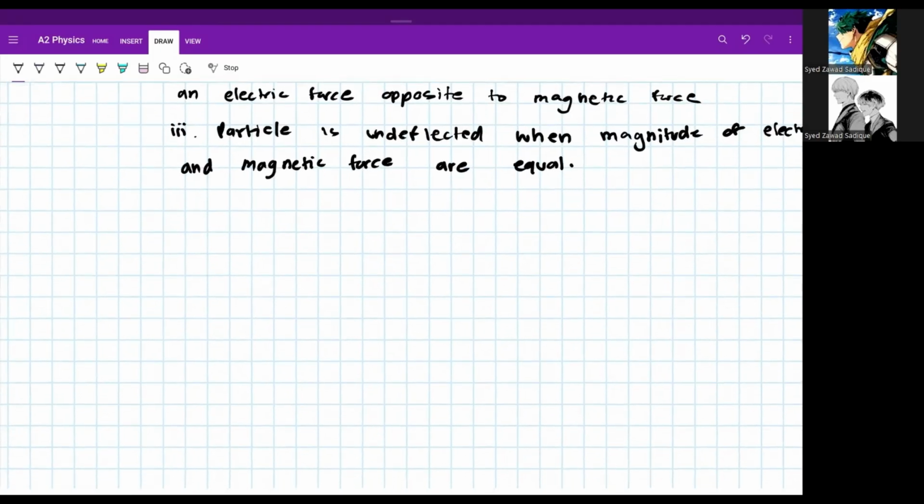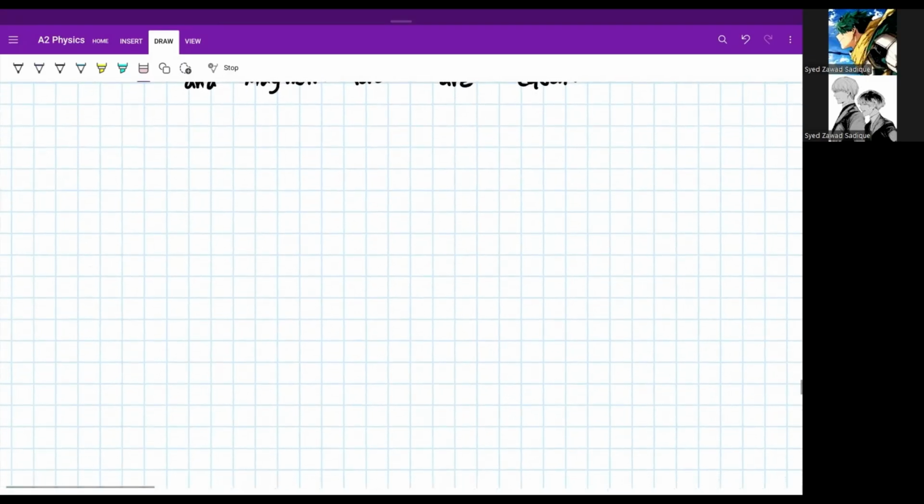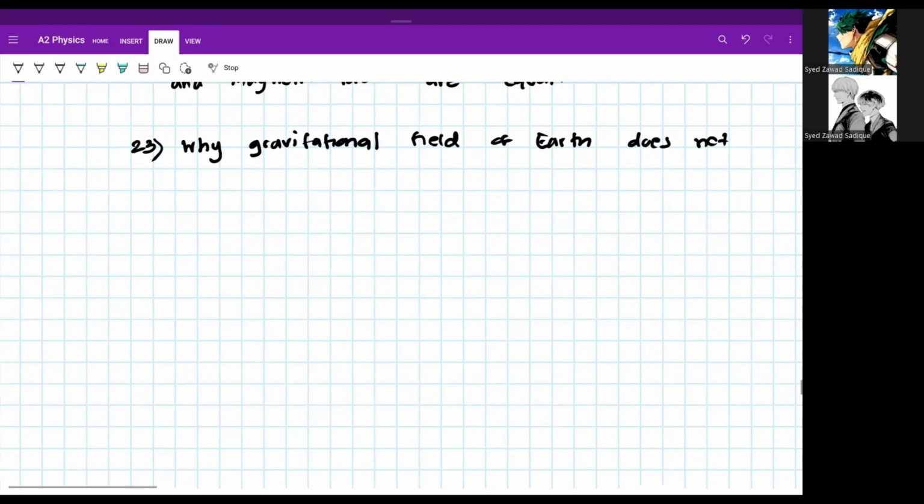We're moving to 23. This question is kind of related to gravitational fields, but it came in the magnetic field chapter. Why does the gravitational field of Earth not vary around the surface?